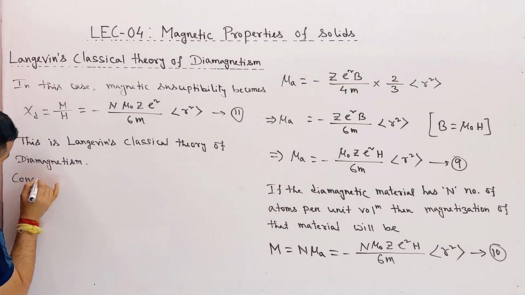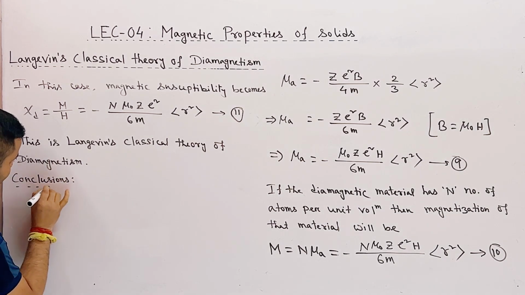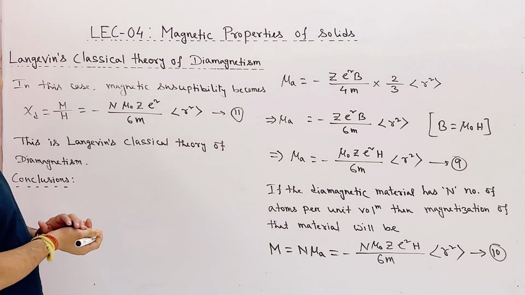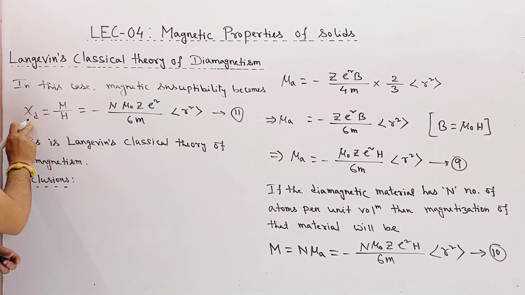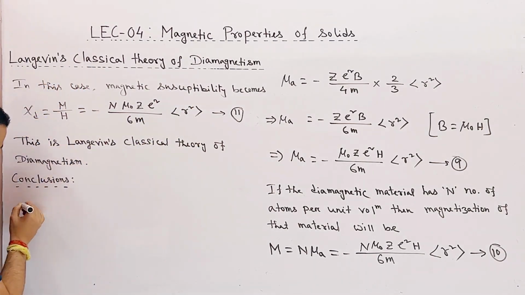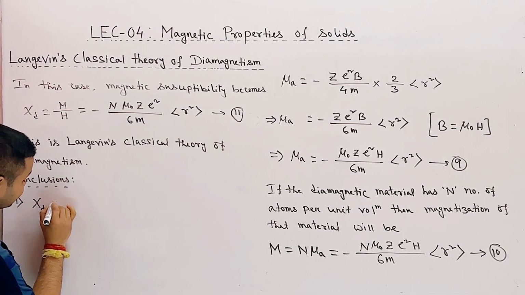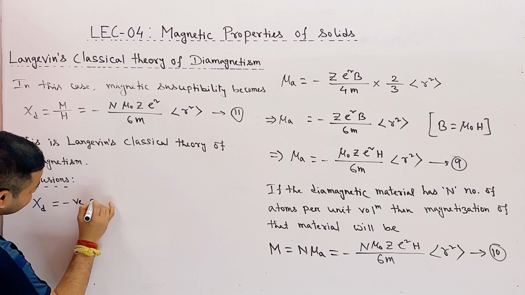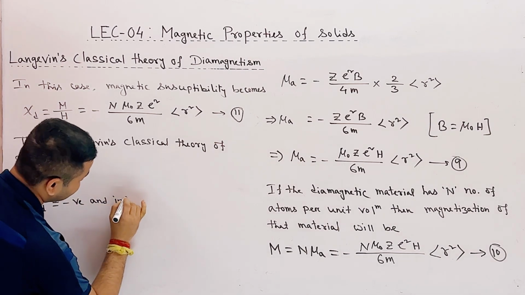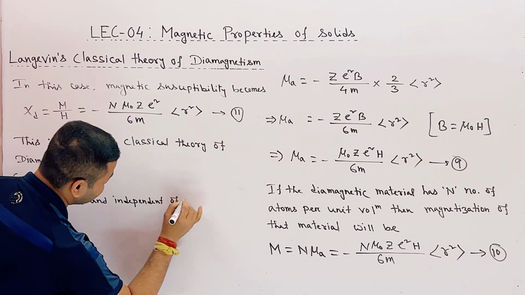Conclusions. Langevin's classical theory tells that diamagnetic susceptibility is negative and independent of temperature. Number 1, diamagnetic susceptibility is negative and independent of temperature.